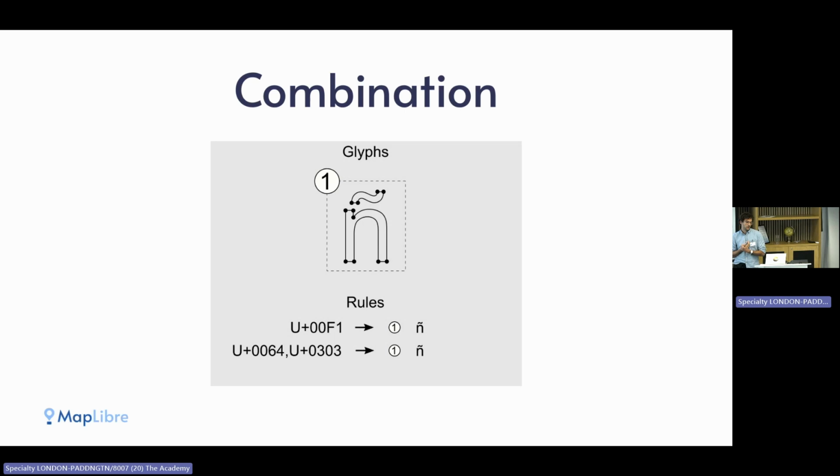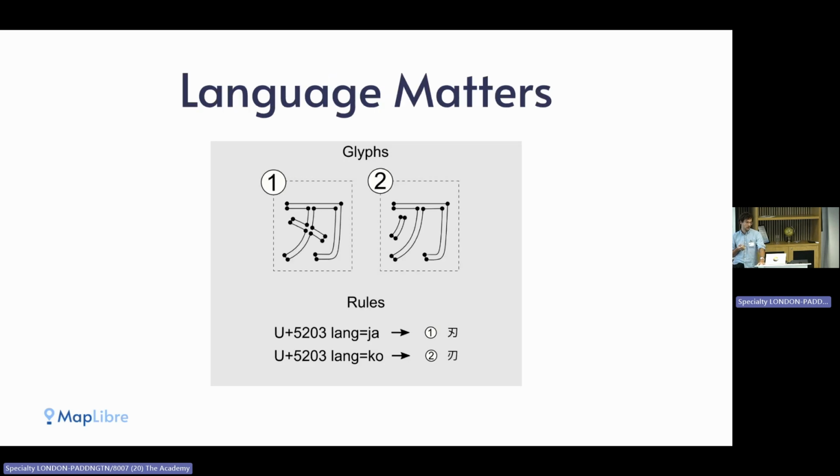And finally, not only the input text matters, but there are also more settings which can play a role. One of them is the language. In Unicode, especially for Chinese, Japanese, and Korean, these three languages, you can have different rendering depending on what the language is.